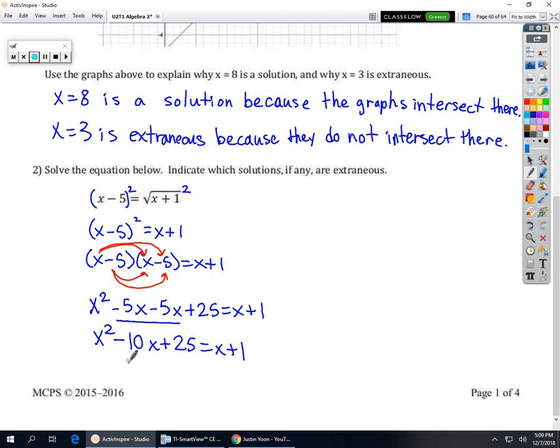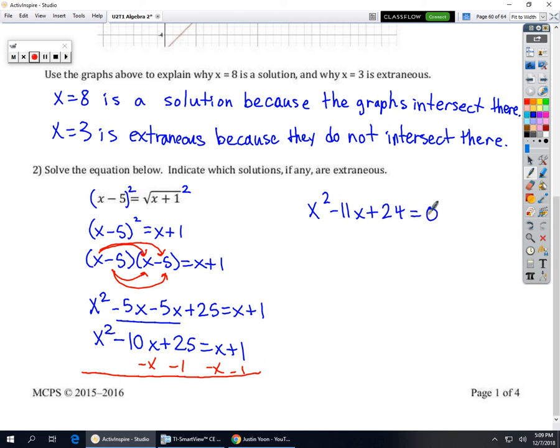So I'm going to subtract the x from both sides and subtract the 1. You're going to end up with x squared minus, again, 10 and another 1 make a negative 11x plus 25 minus 1 is 24 equals 0.